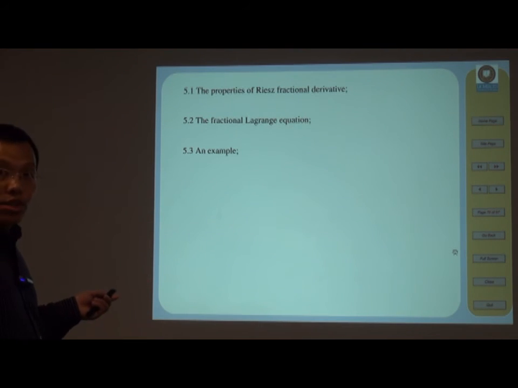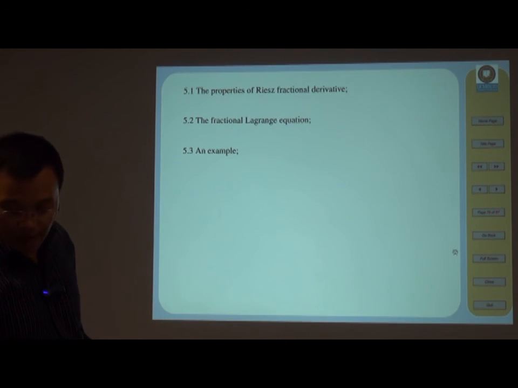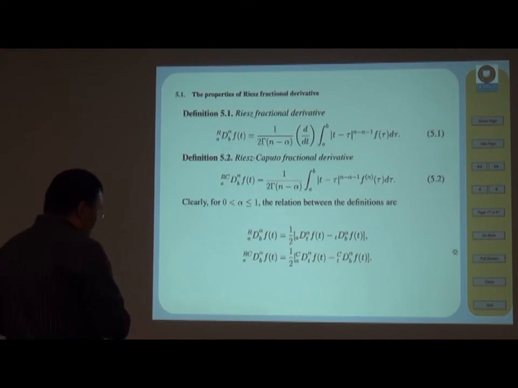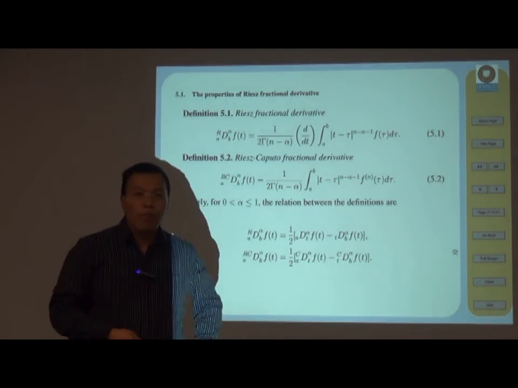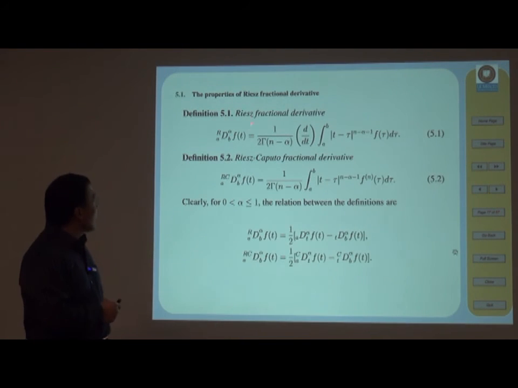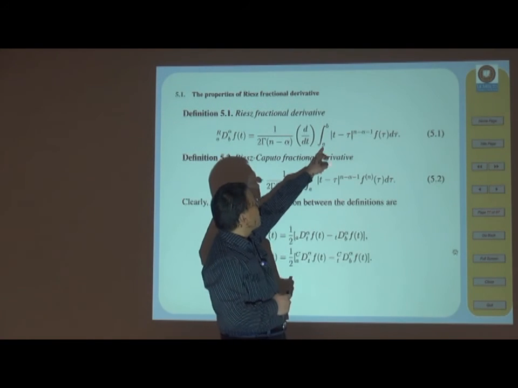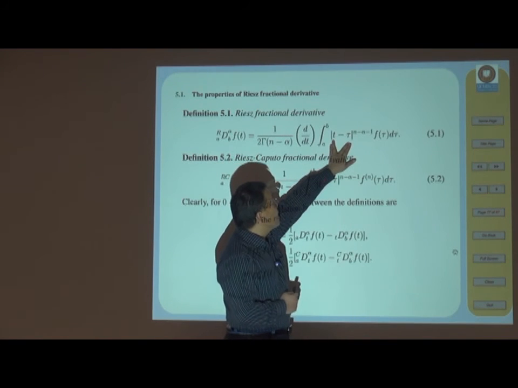And we will introduce the work of Professor Zhang. This section also has three subsections. Firstly, the properties of the Riesz fractional derivative, secondly, the fractional Lagrange equation, and thirdly, we give an example. We are familiar with the Riemann-Liouville fractional derivative and the Caputo fractional derivative. Here is the Riesz fractional derivative, where tau is from a to b, and here is the absolute value of t minus tau.